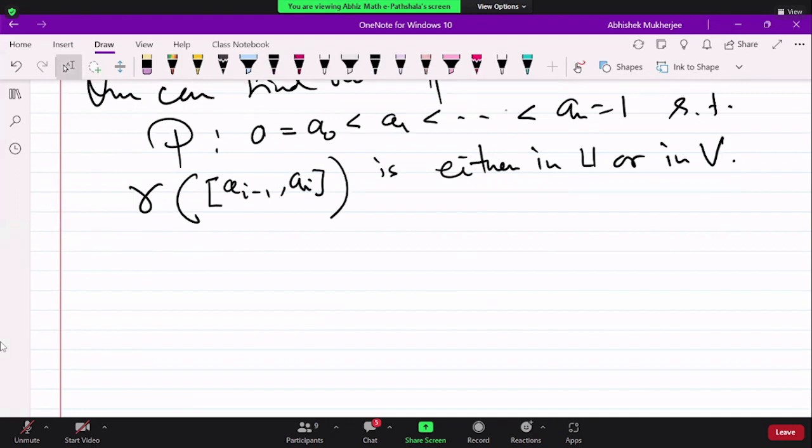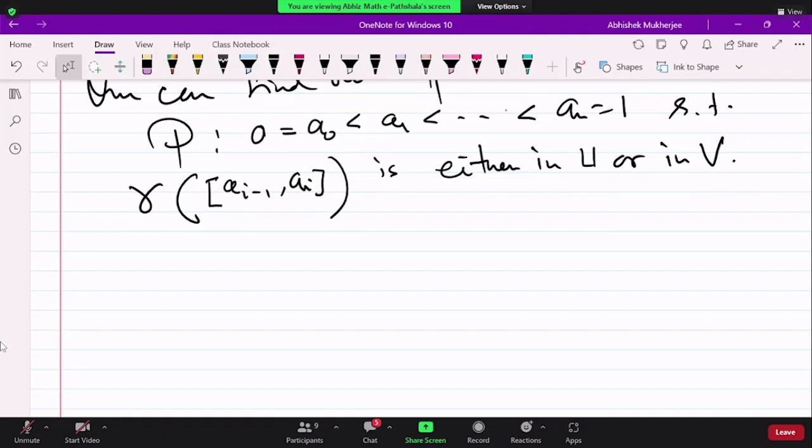Now, this is a general kind of partition that you can have using the Lebesgue number theorem, which is related to the compactness of the closed interval 0, 1. But I am not dealing with this partition.